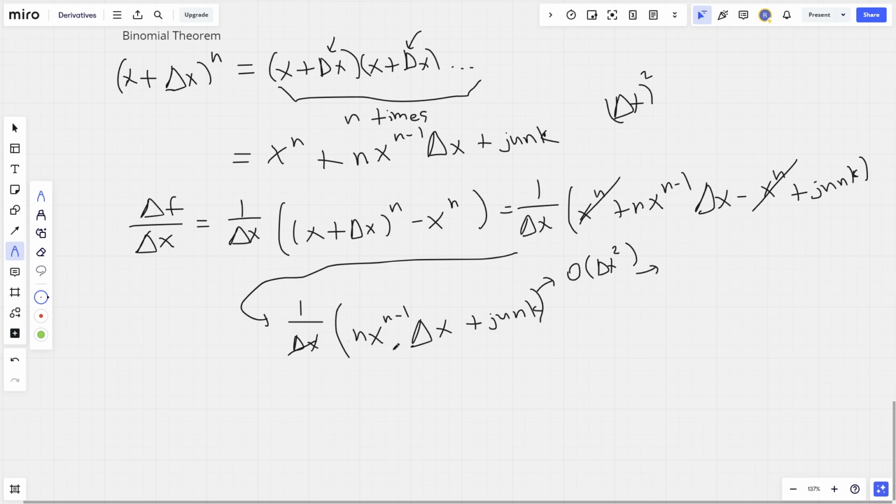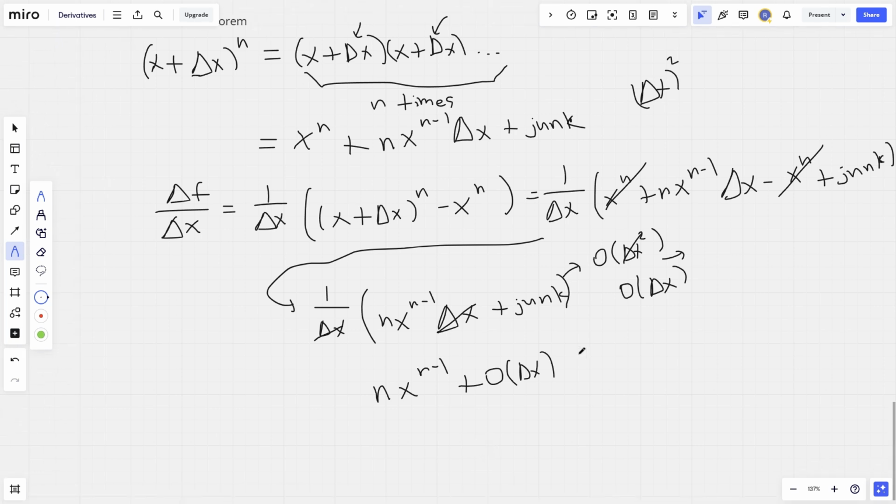So this delta x cancels out, and this turns into O of delta x, any term with delta x having a degree of 1 or greater, and we get n x to the n minus 1 plus this. If we take the limit of this as delta x approaches 0, we get n x to the n minus 1, because this is just 0 and we only have this left.